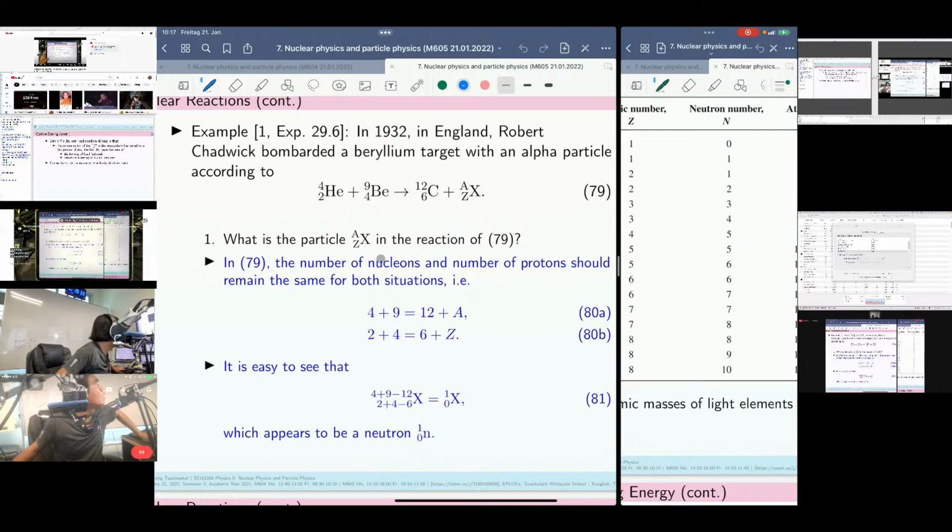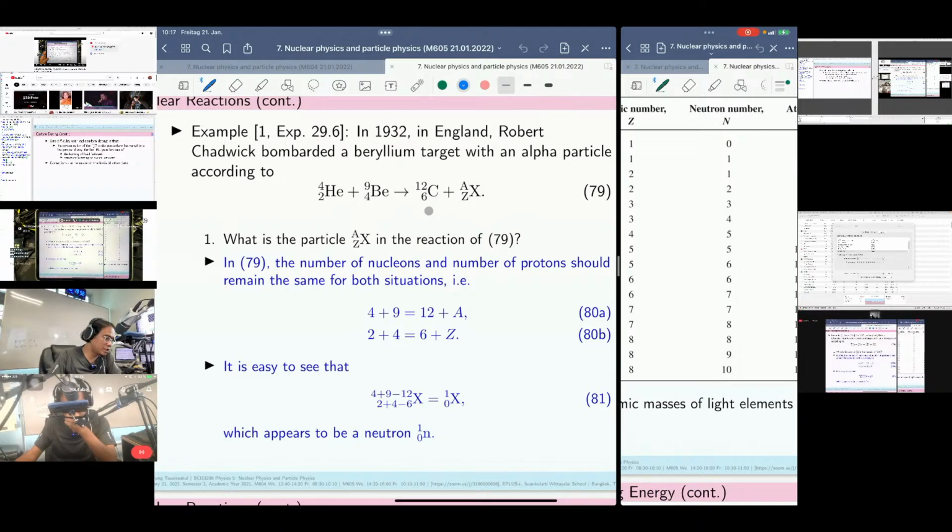We need to balance that equation so that we know what kind of element it is. To do this, we need to follow the rule that the number of nucleons remains the same.